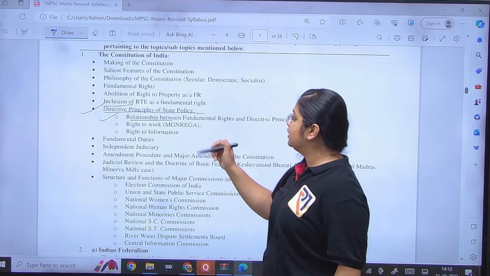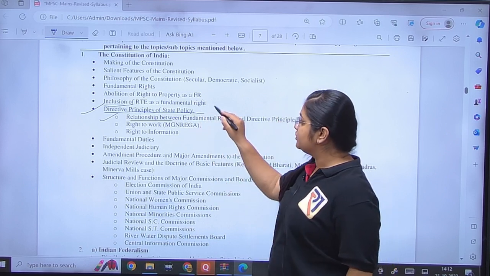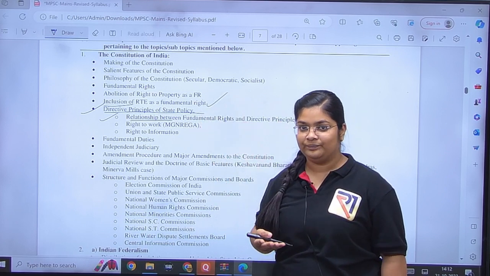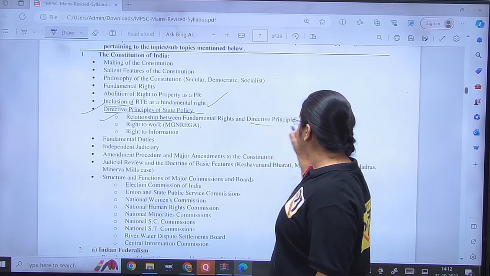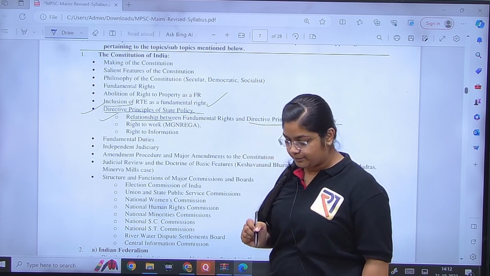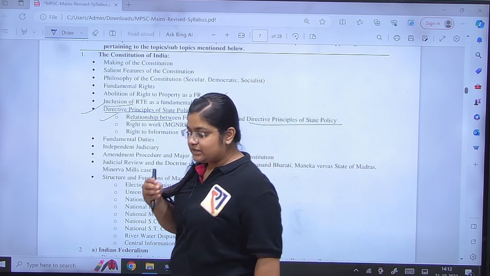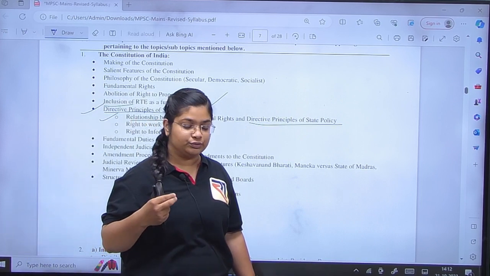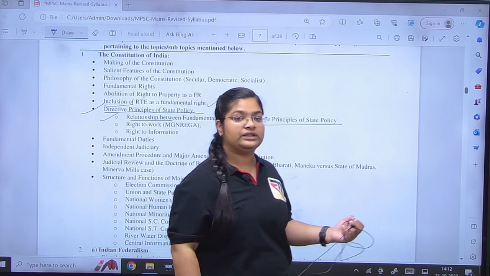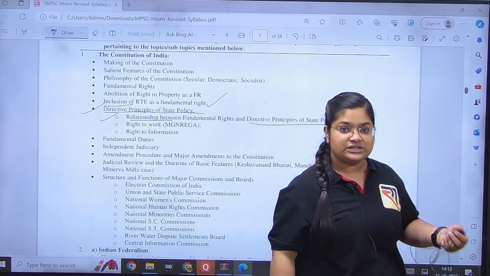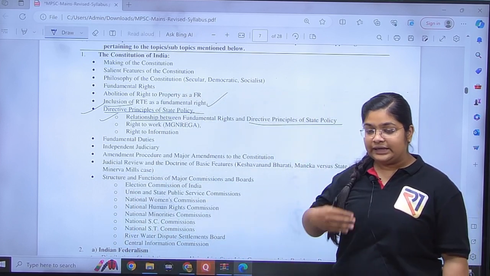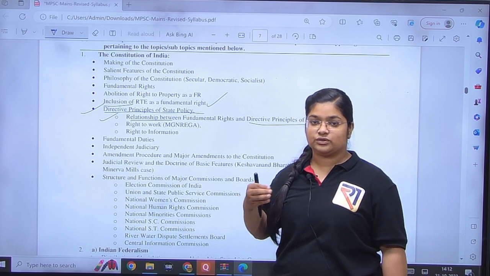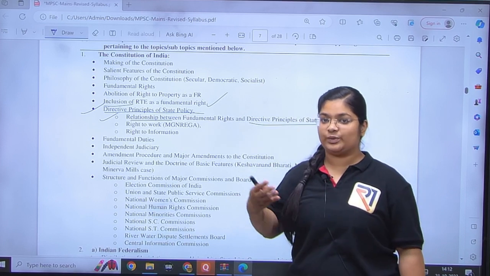So the first thing is, we should first understand what is fundamental right. Then we should understand what are directive principles of state policy. Those are the principles given to our governors or representatives, so that India can have social justice or equality in every sphere of life.